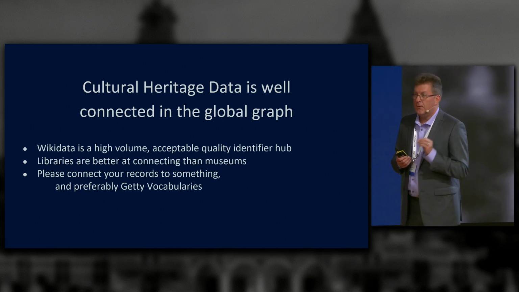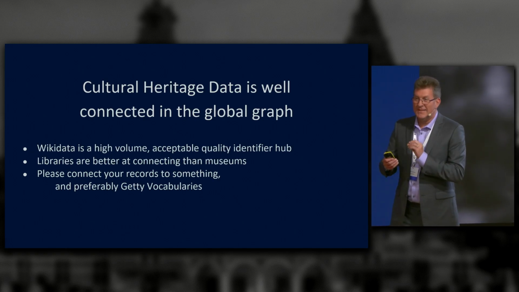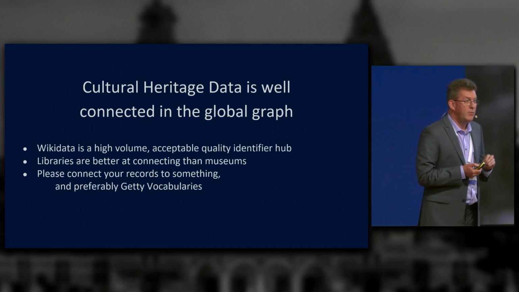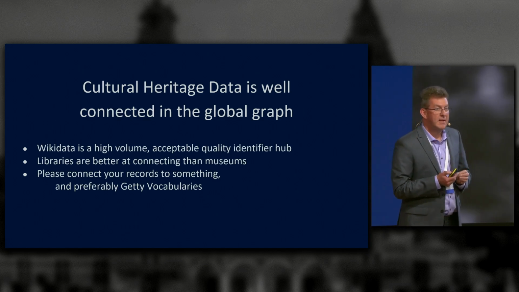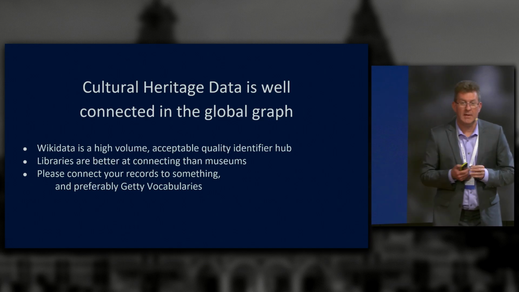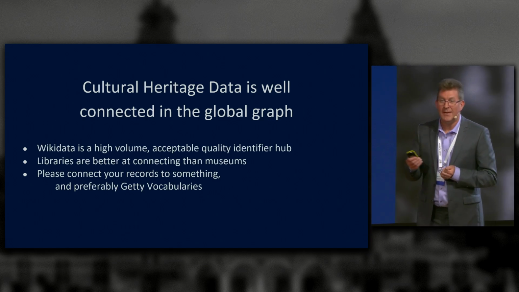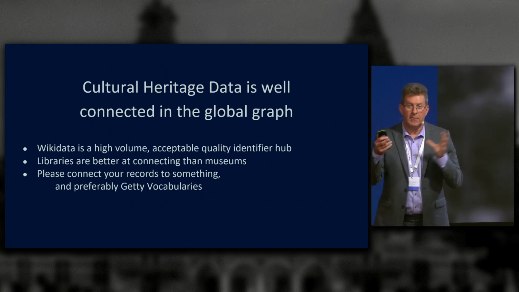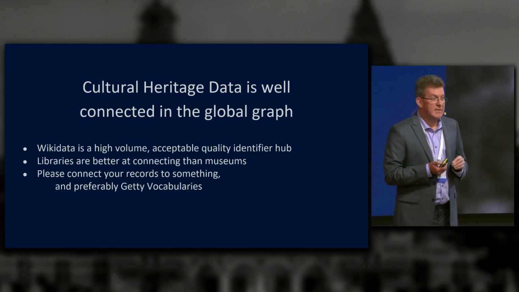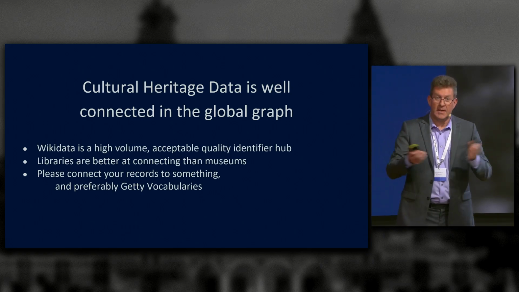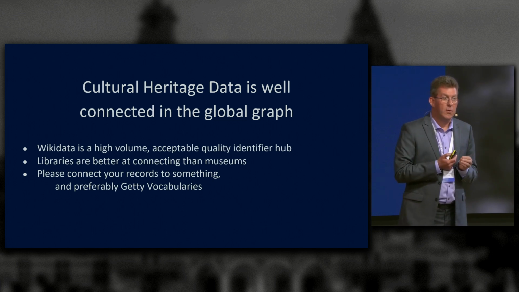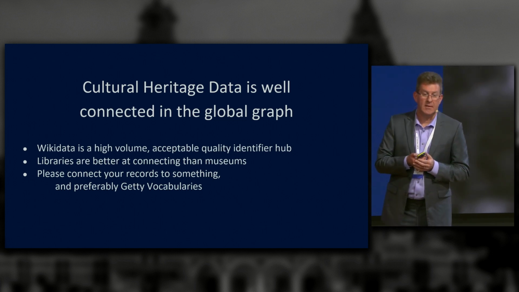So taking those two together, please, please, please connect your records, connect your knowledge to some external data source. Doesn't matter really which one. If you don't have a preference, then use the Getty vocabularies. But anywhere in that graph, anywhere in those connections would allow systems like Lux, and perhaps like your own, to be able to crawl that connection to find all of the equivalences to build that enriched record.